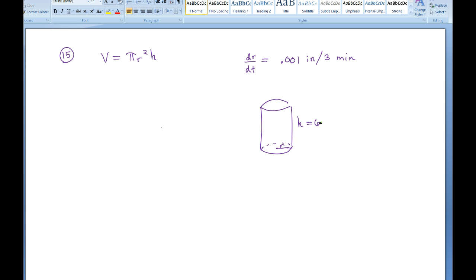We need the radius, not the diameter. It's 1.9 inches, because the diameter is 3.8.